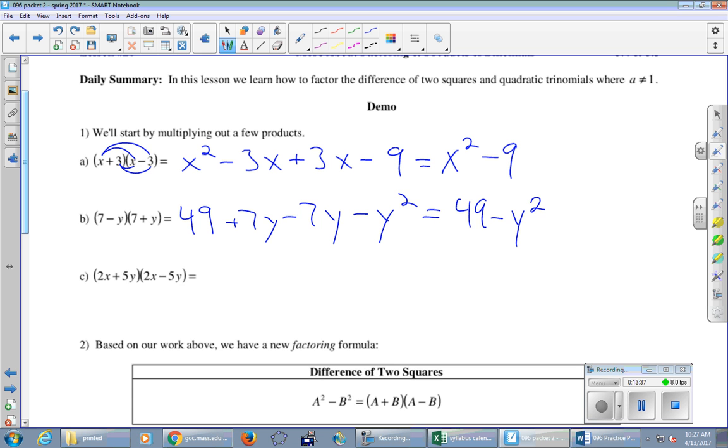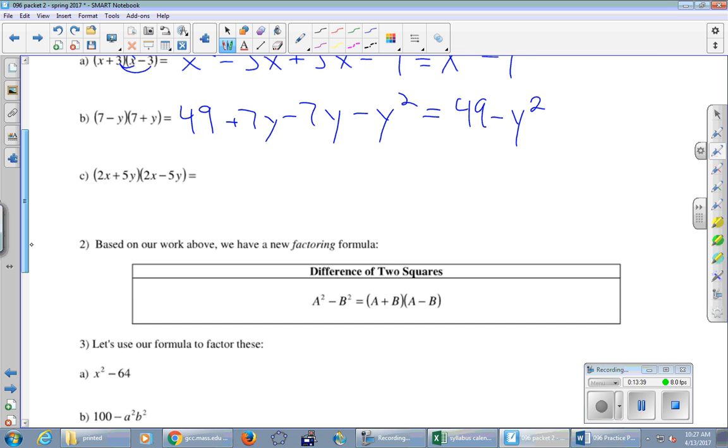Okay, let's do one more in part C. Looks a little more complicated, but it is exactly the same pattern. Things in the parentheses are identical, except one plus and one minus. First times first. 2x times 2x. That's 4x squared. Good. Outers. Negative 10xy. We see it? All we can do is multiply the 2 and the 5.